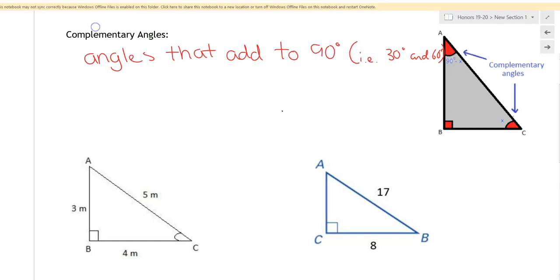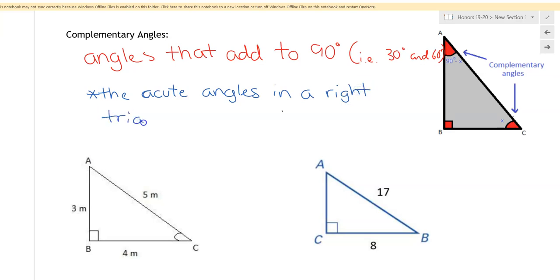One thing to note is that the acute angles in a right triangle are complementary, always. And that's because all triangles add up to 180.